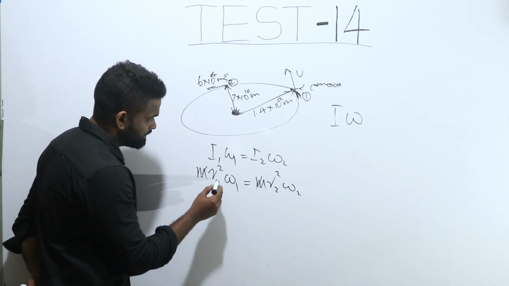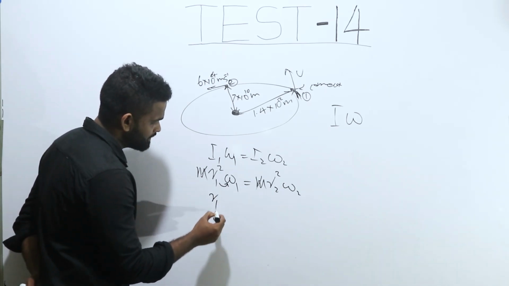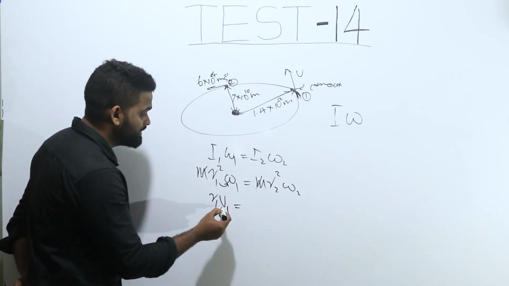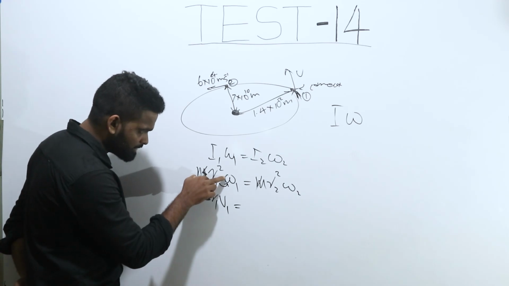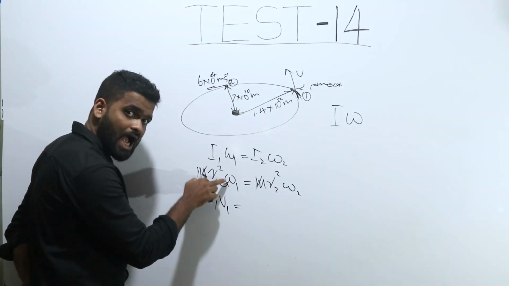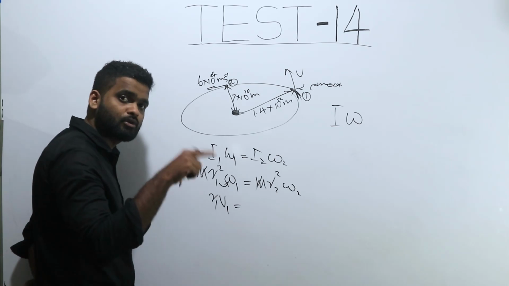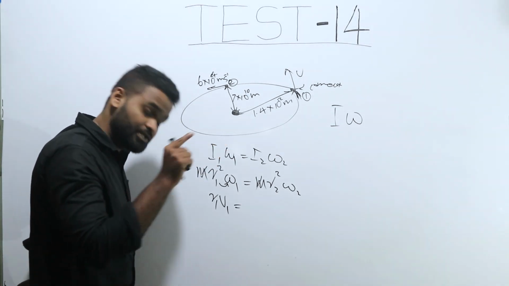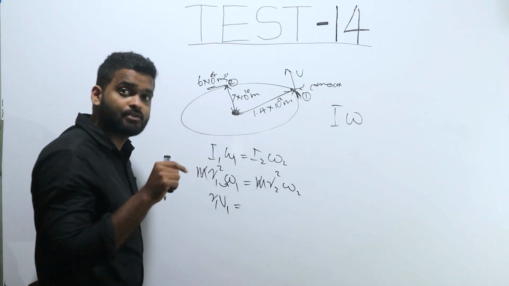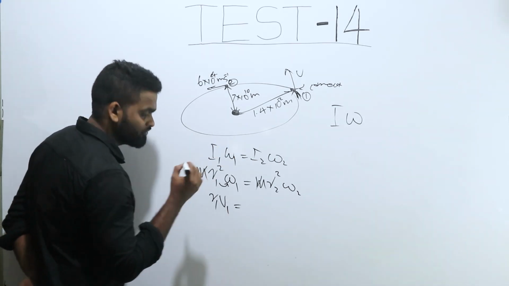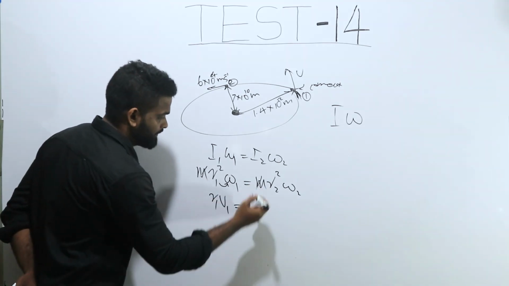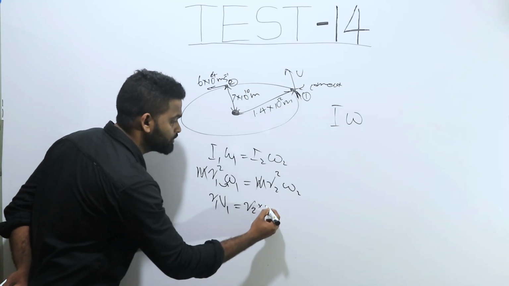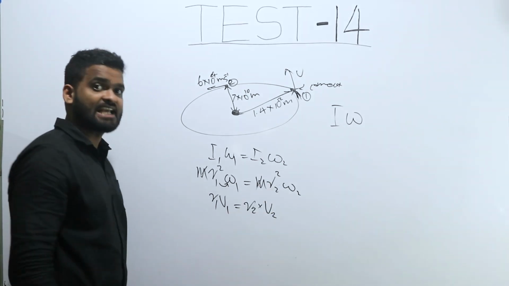Then, R1 times R1 omega is actually R1 v1, because R omega is the tangential velocity. Similarly R2 times R2 omega 2 is R2 v2, the tangential velocity.